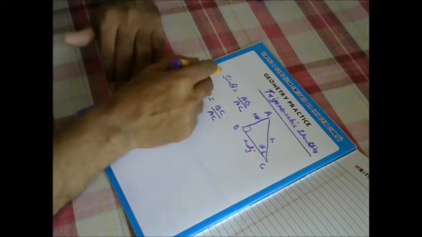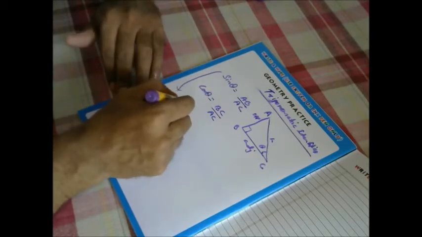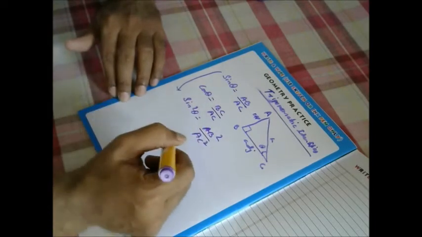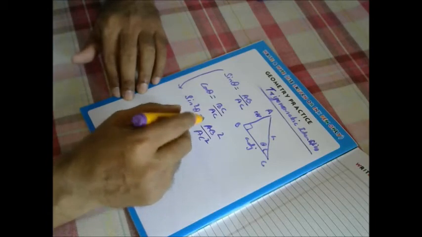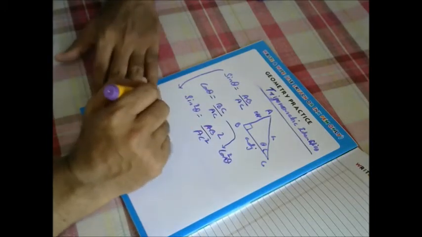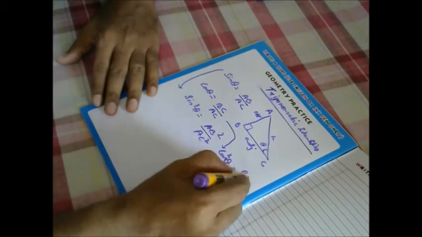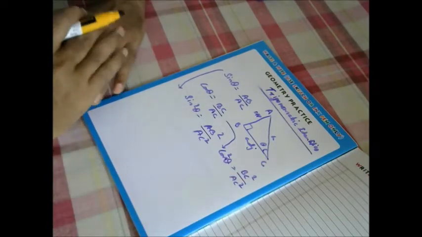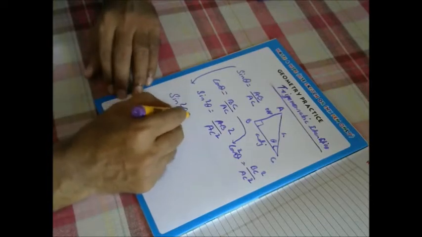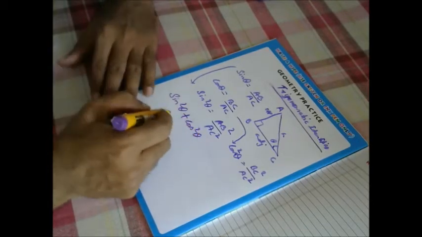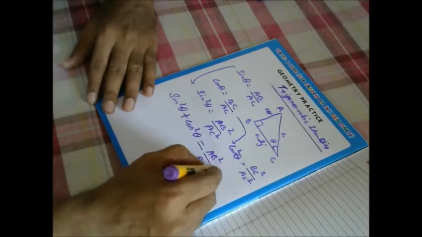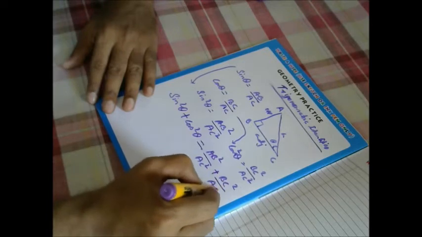Now from here, sin square theta is equal to AB square by AC square. Similarly, cos square theta is equal to BC square by AC square. Now, what we said is sin square theta plus cos square theta equals AB square by AC square plus BC square by AC square.